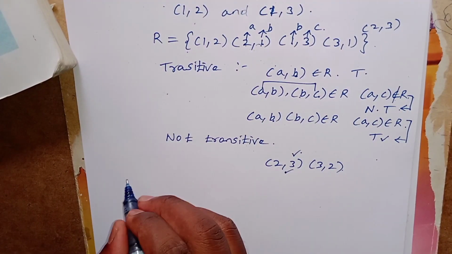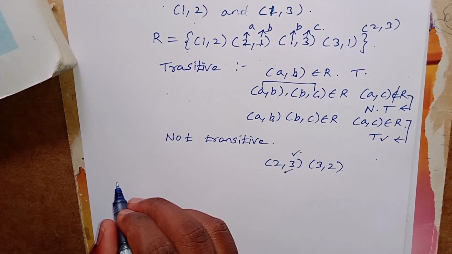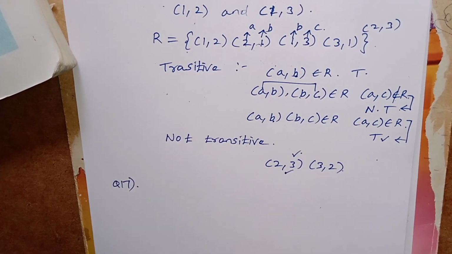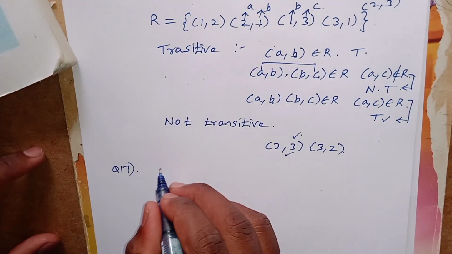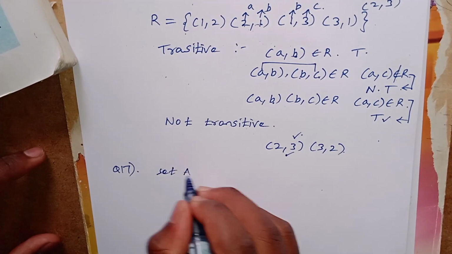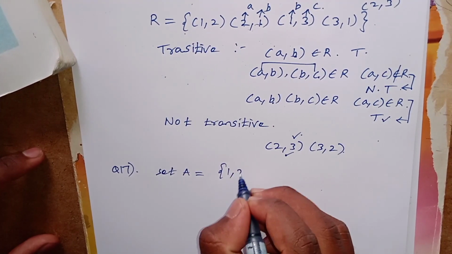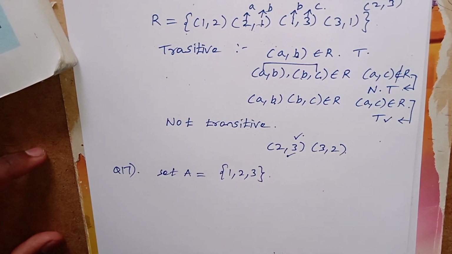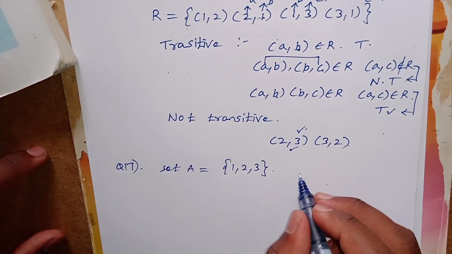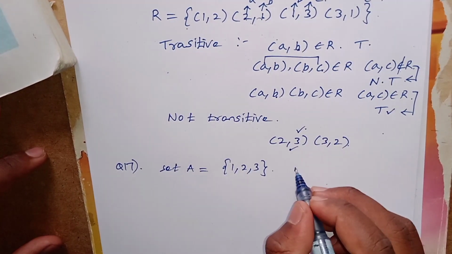Next, question number 17. Set A = {1, 2, 3}. We have to find the equivalence relation.